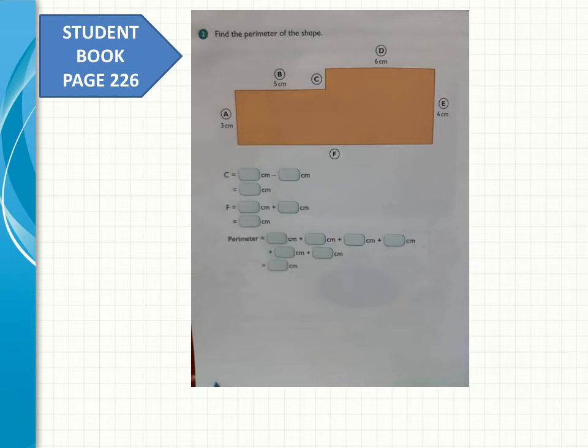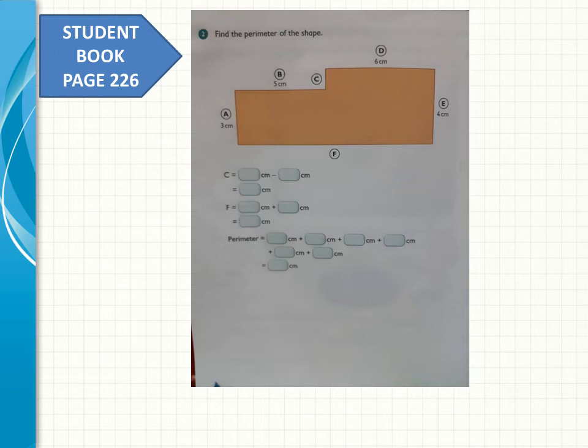So that if we add 3 centimeter of line A to 1 centimeter of line C, we will get 4 centimeter in total. Then in that way, line A to the end will be 4 centimeter, and line E, the total side, will also be 4 centimeters.